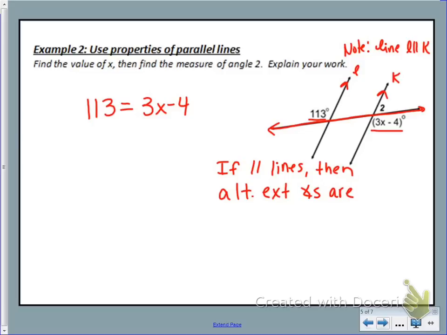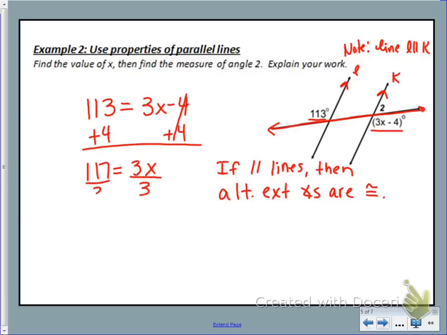If you look back on the front page, we said when the lines are parallel, alternate exterior angles will be congruent. So we'll say if parallel lines, then alternate exterior angles are congruent. We already made our equation, so let's go ahead and solve that. We're going to isolate the variable term by adding 4. So 117 is equal to 3x. When we divide by 3, we find that x is equal to 39.